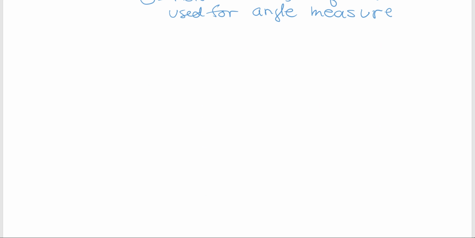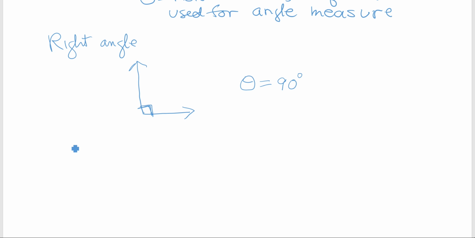Next, we would have a right angle. And I'm sure everybody's familiar with the idea of a right angle. Usually if an angle's right, and we want you to know it's right, there'll be a little square drawn in a corner, and if that were a right angle, its measure would be 90 degrees.